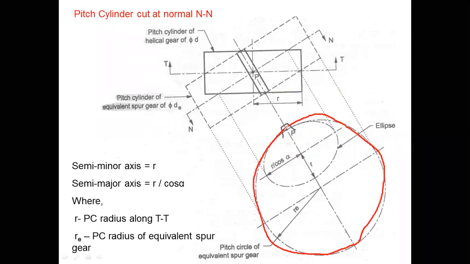Means if we cut the helical gear along a normal plane and consider this as a spur gear, then this is the equivalent spur gear and its radius is RE. RE is the pitch circle radius of the equivalent spur gear, or sometimes it is represented as R dash also.